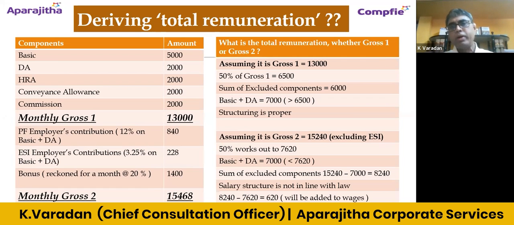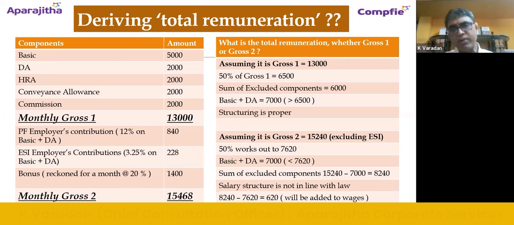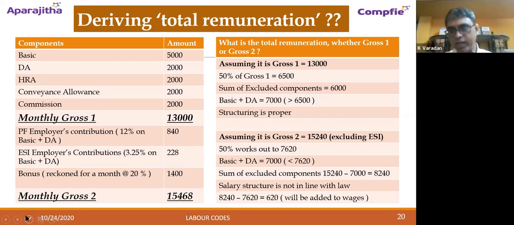I don't say no, right? But the main point here is the exclusion portion of wages cannot go beyond 50%. That is the major change which is brought about in the definition of the term wages. And this will definitely have implications on PF, ESI, gratuity, bonus, everything, right? Let us see when we see those areas specifically.